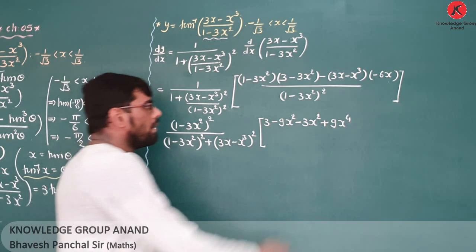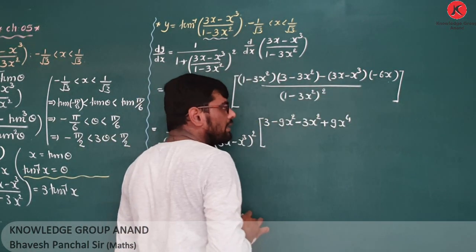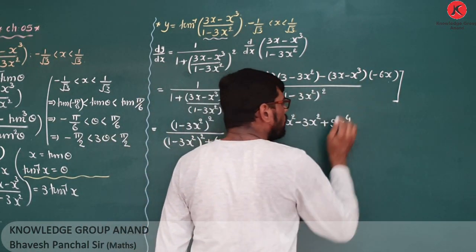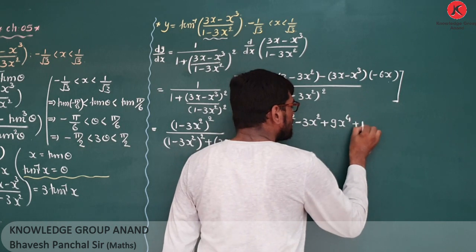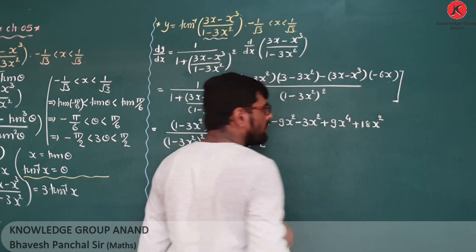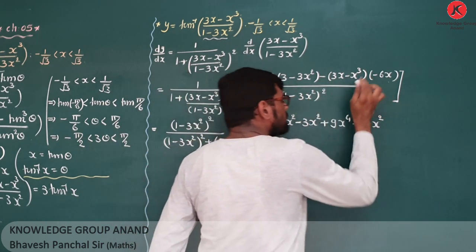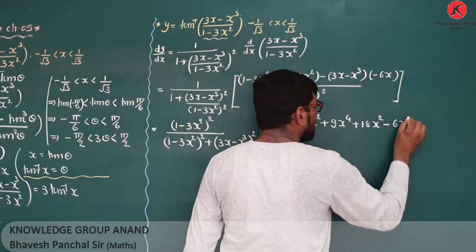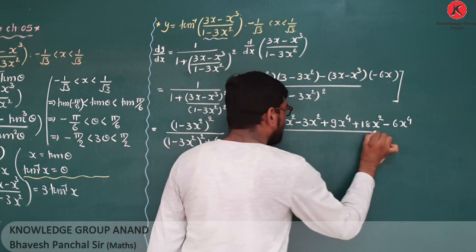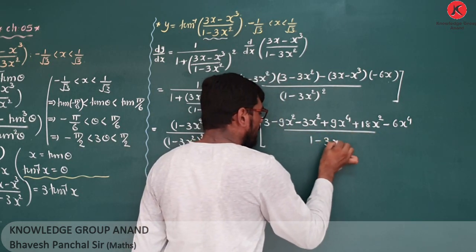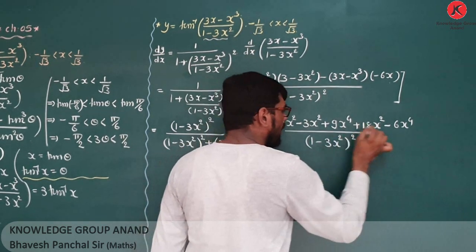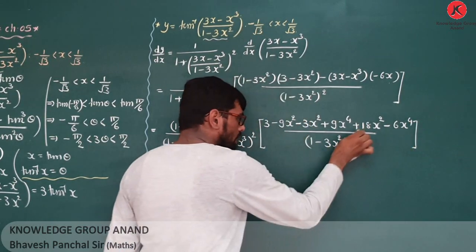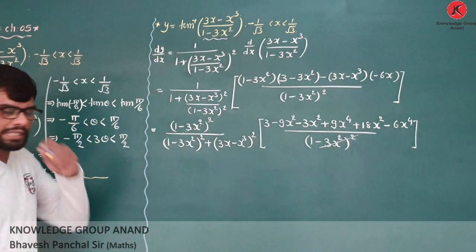Next term minus multiply with this term, then always positive, 3x into 6x means 6 3s are 18x square, okay, now minus minus minus use minus 6x into x cube, that is 6x raised to 4, in denominator 1 minus 3x square whole square as it is, okay, 1 minus 3x square whole square, which is cancelled.